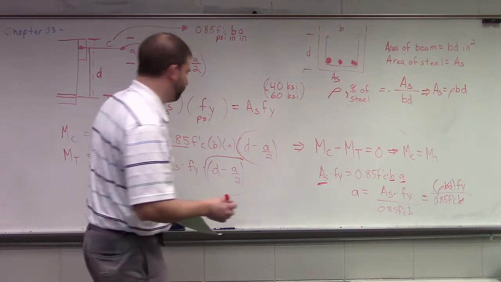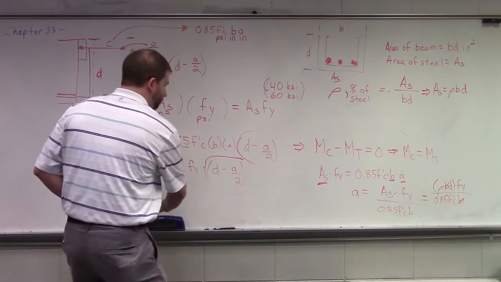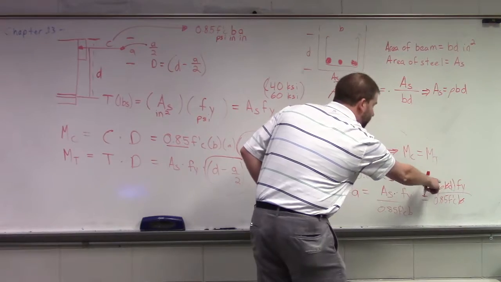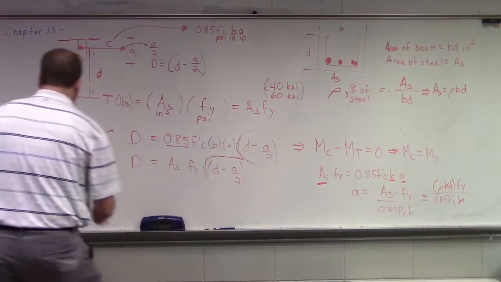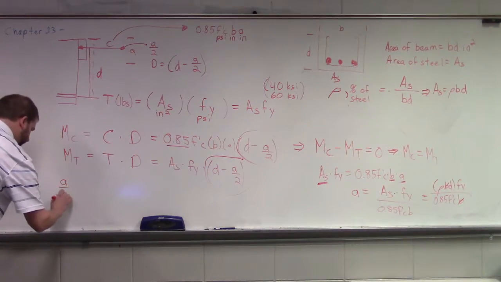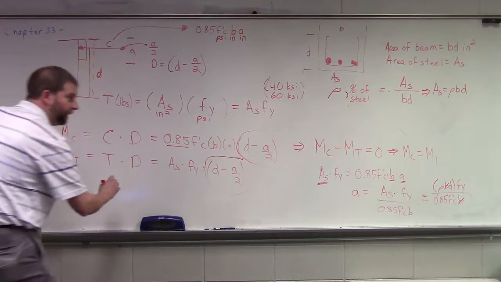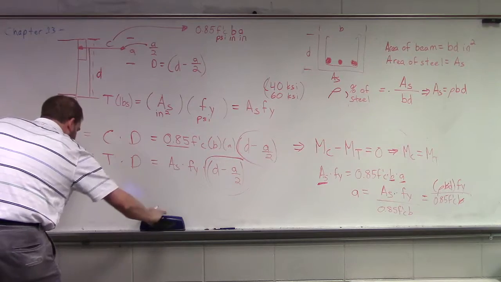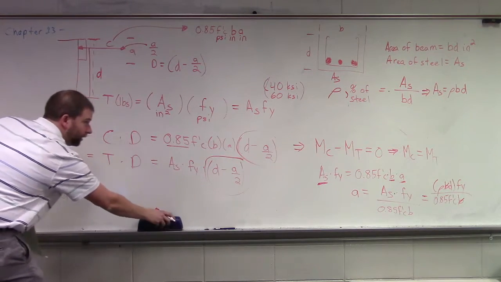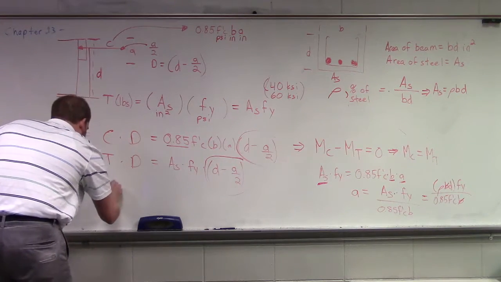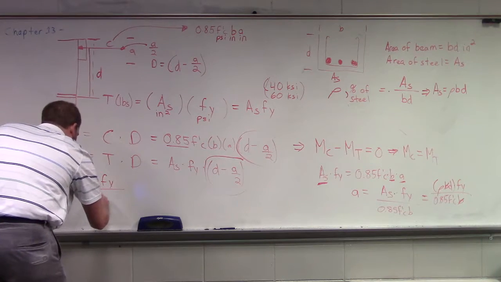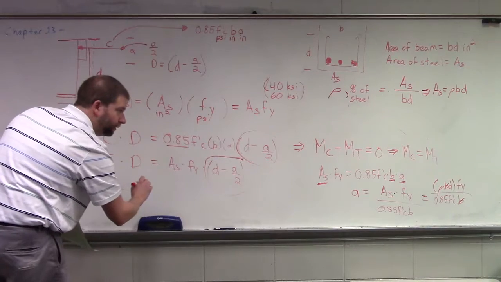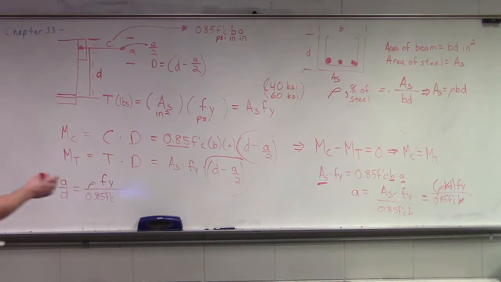The book then also gives you values for, if we rewrite this as A over D, and all that A over D is going to be is just your rho value, your percentage of steel, times our yield strength divided by F prime C, and B's out of there.